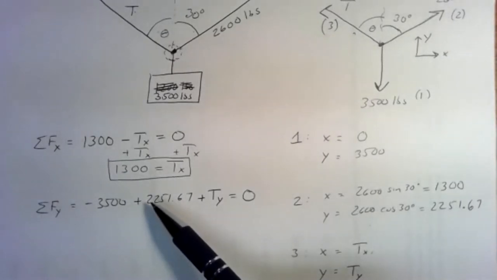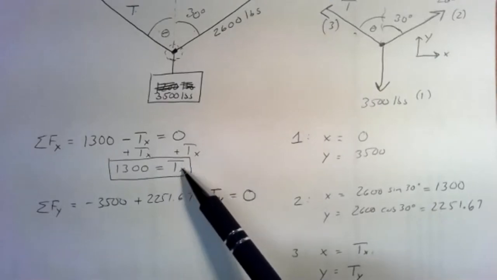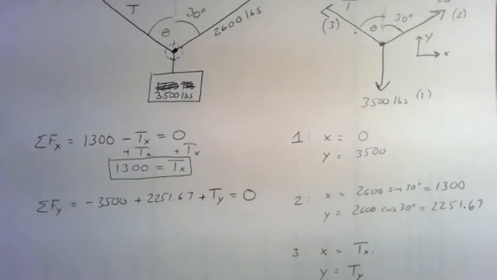If your answer comes out negative, it means you assumed in the wrong direction for that component. So if my x component came out negative and I had assumed it'd pull to the left, it really pulls to the right. It doesn't change the number, but it changes the sign. So that's a really, really important idea to keep in mind here. Negatives mean incorrect assumptions. Positives mean correct assumptions.